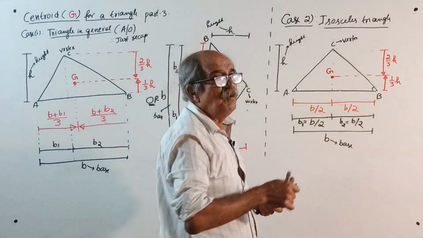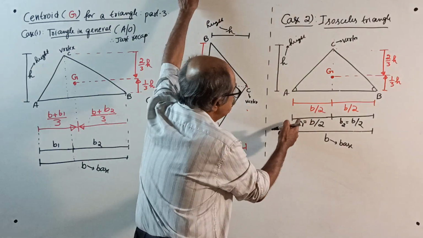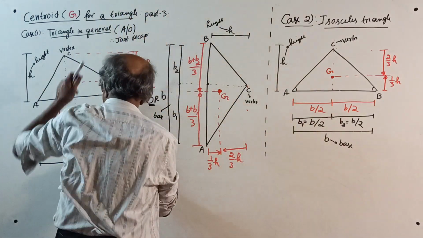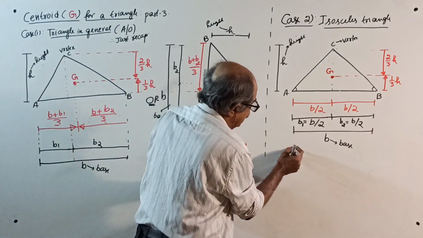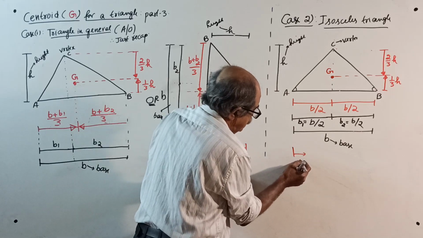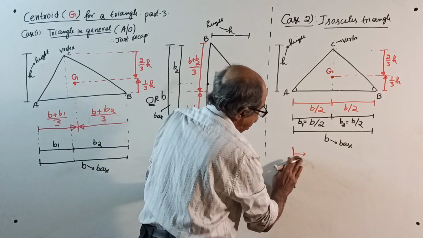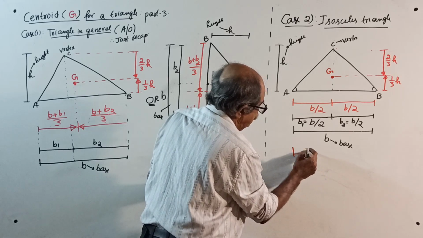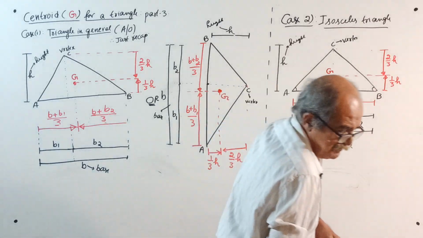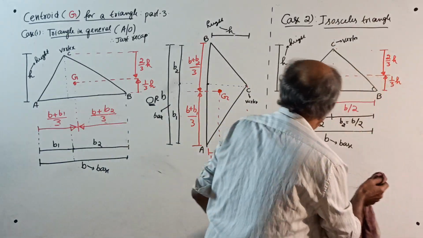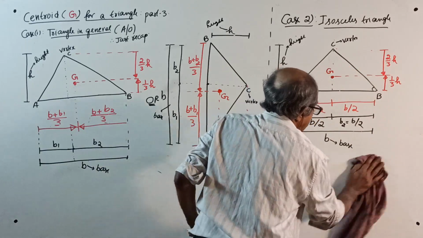Along the base, suppose you substitute in this formula, B plus B1 by 3, your X bar from this side will become... The board is a little wet, that's why the ink is not coming out.